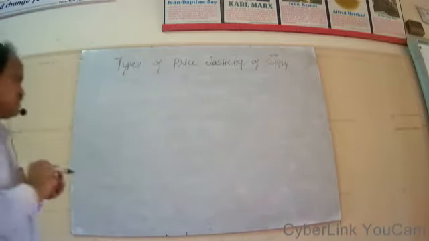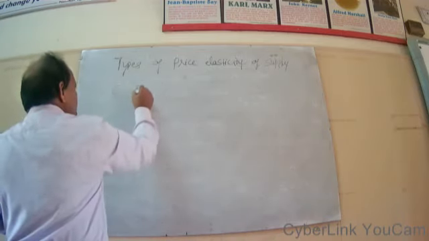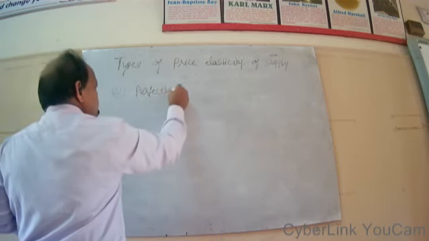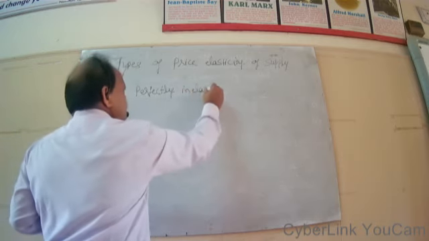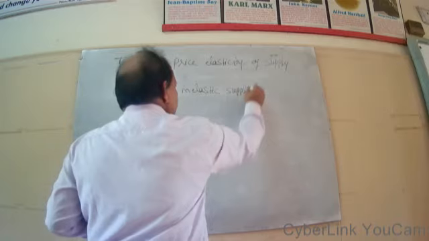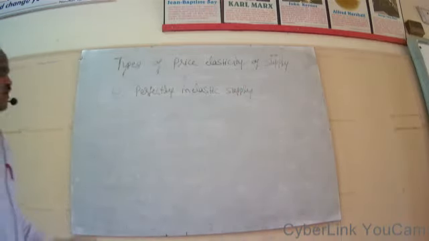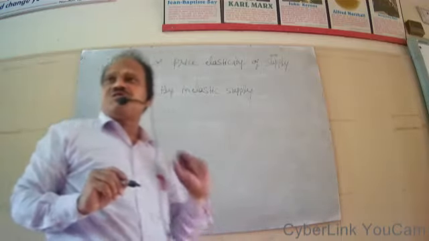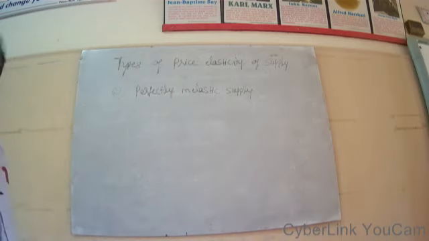Second extreme type is perfectly inelastic supply. Perfectly inelastic supply. So what do you mean by this? In this type, whatever may be the changes in price, the quantity supplied remains the same.